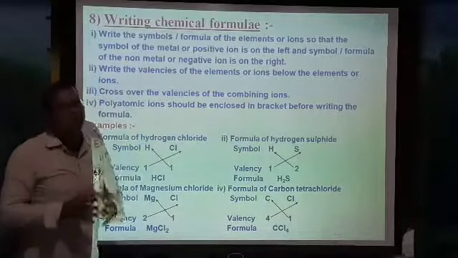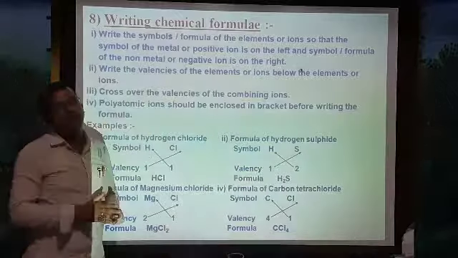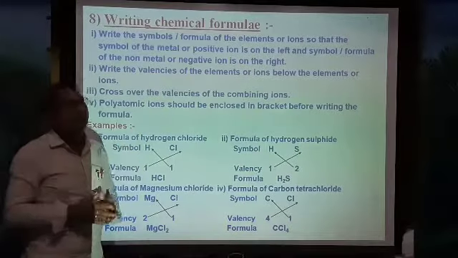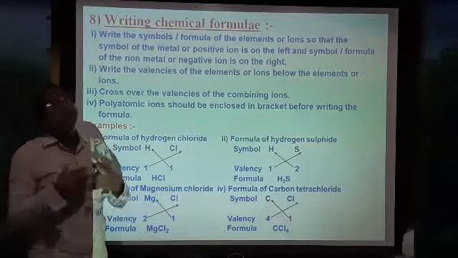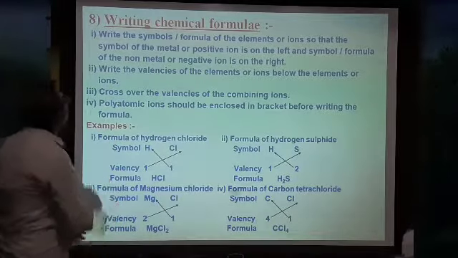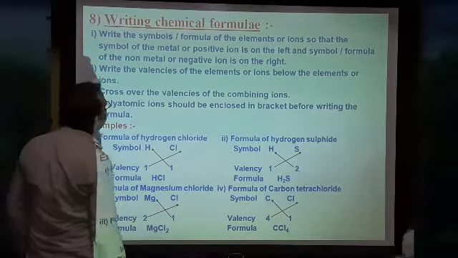So whenever you want to write any chemical formula, the metal or positive ion should come on the left side, whereas the negative ion or non-metal should come on the right side. This is the first rule when you want to write a chemical formula of any compound.